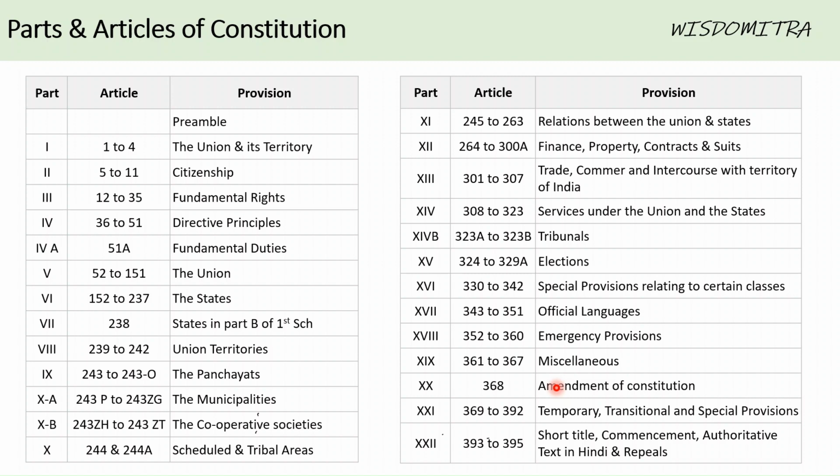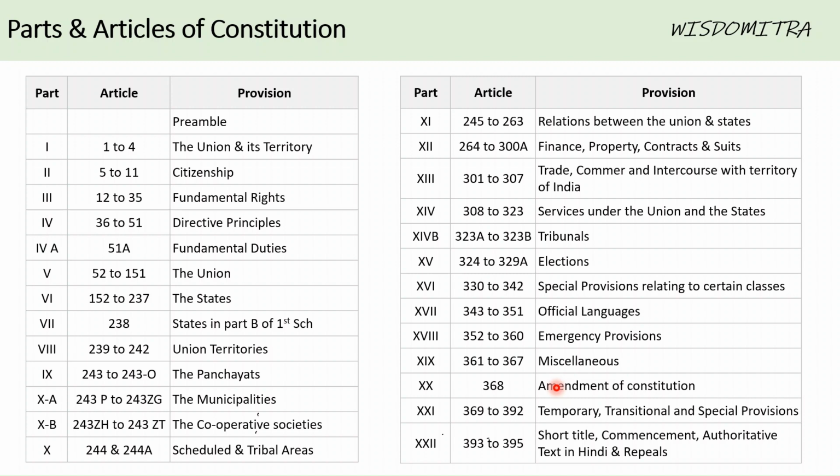Part 4A, that is, fundamental duties, was added much later through an amendment. Those who added it felt that it is really important to have the duties along with fundamental rights and directive principles, and that's why a new part has been added and named with a suffix.